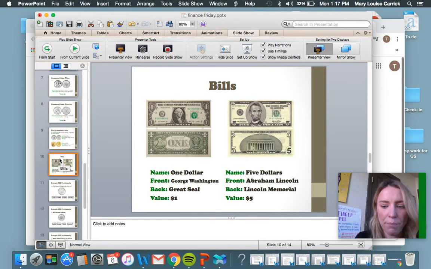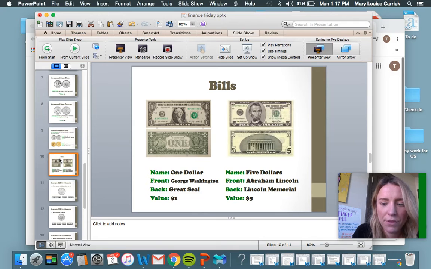Moving on to our bills, we have a $1 here. $1 is going to equal the same as that Sacagawea $1 coin. It's also going to equal 4 quarters or 2 50 cent coins. It's going to equal 100 pennies. And it features George Washington on the front, just like on the quarter, except it's not his profile or the side of his face.